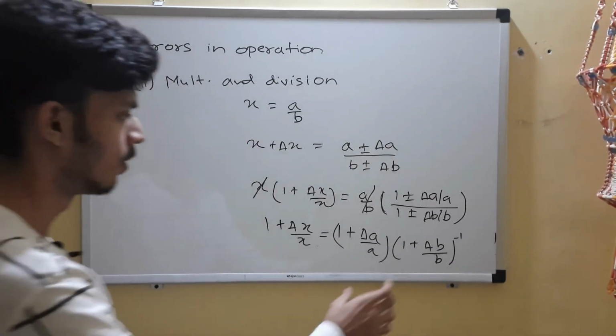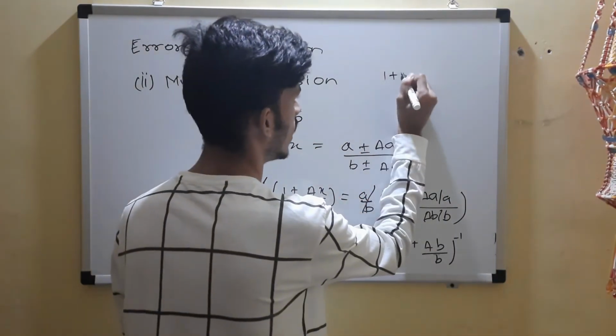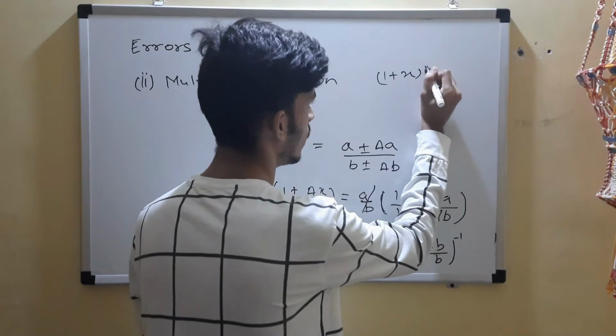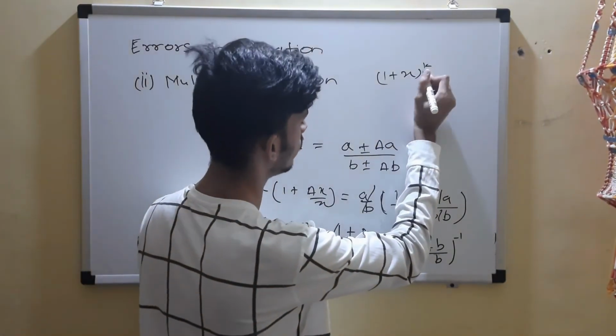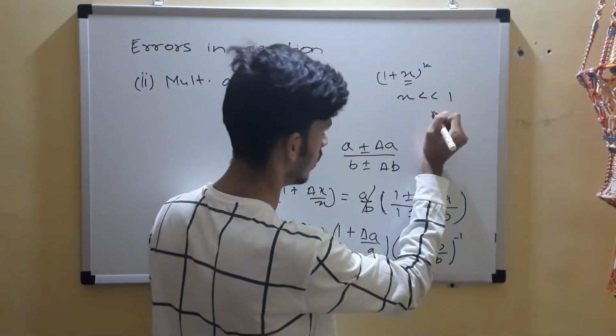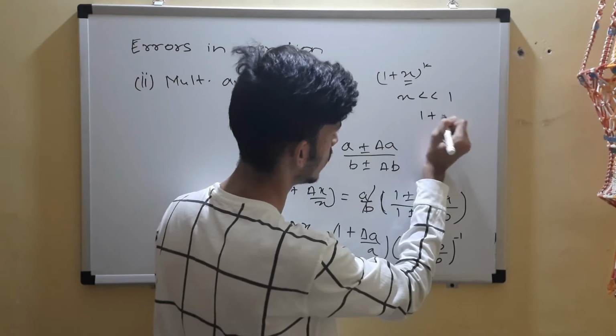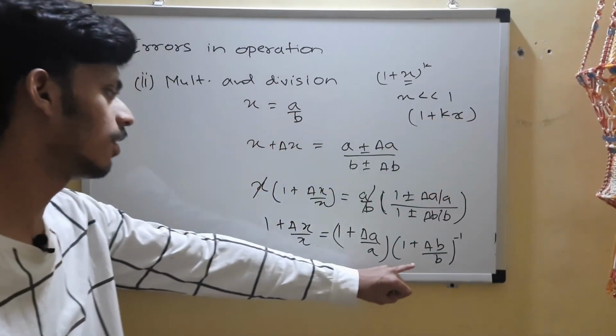Now there is a rule in binomial that if it's 1 plus x raised to something k, suppose, and this x is very much less than 1, then you can bring that k down. You can write it in this form. So can you see that over here?